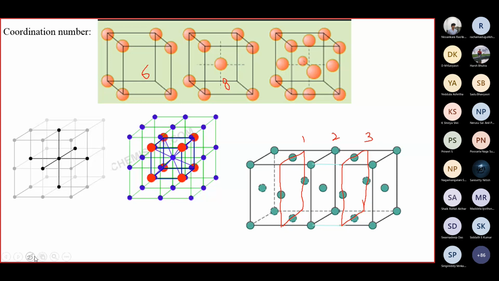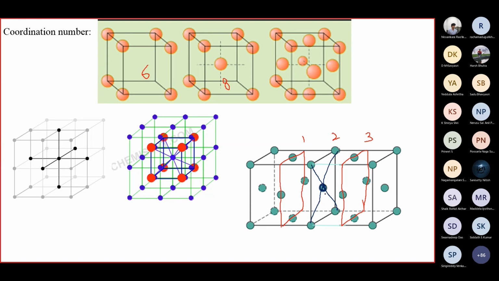Now we shall consider this atom. You check for this atom how many nearest neighbors are there, or how many atoms are there at equal distance? Same distance, same distance, same distance, same distance.